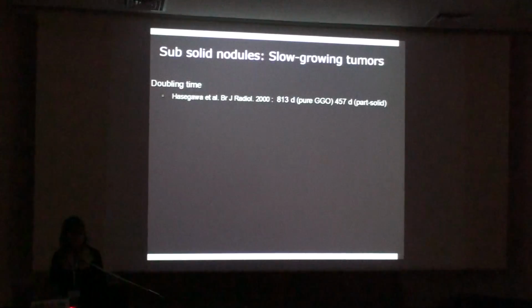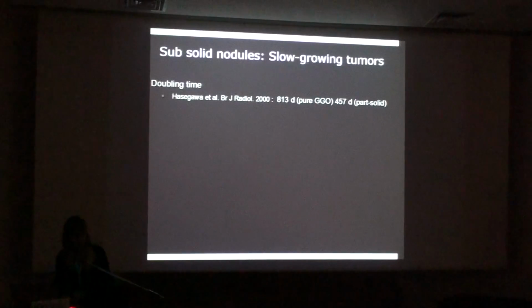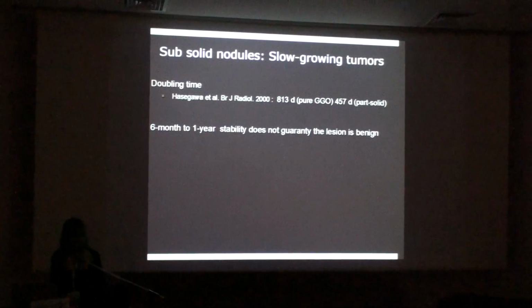And there are many consequences. This very old publication from Dr. Hasegawa reported a mean doubling time of 813 days for pure GGO and 457 days for part-solid nodule, whereas for solid tumors it's around 150 days.